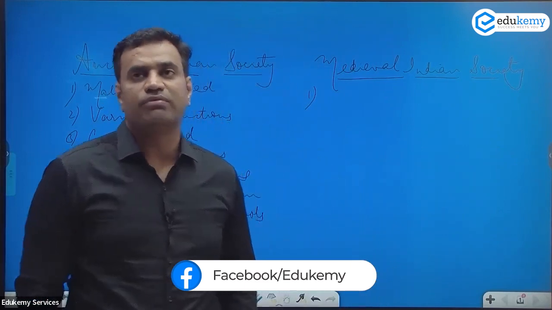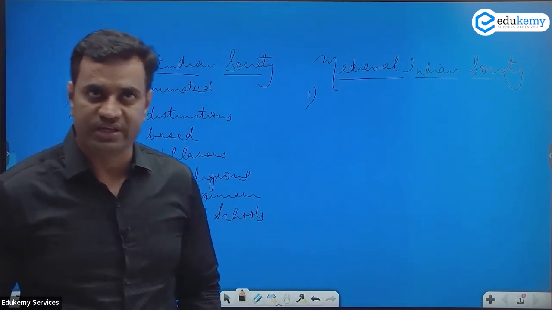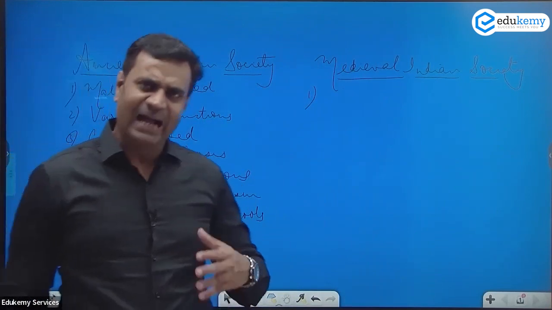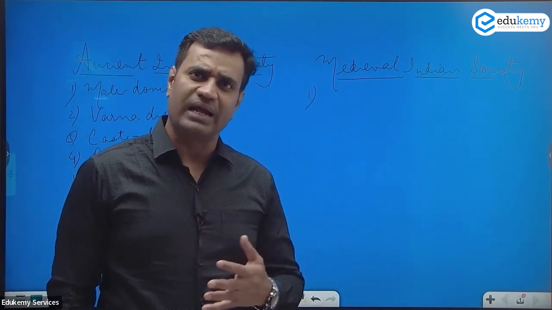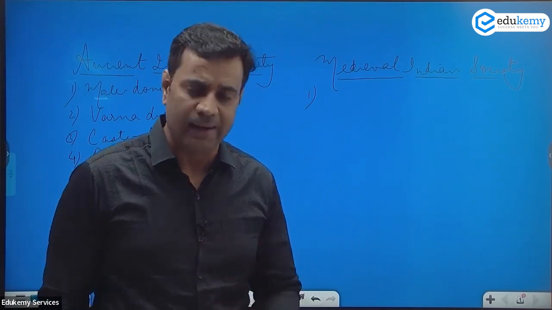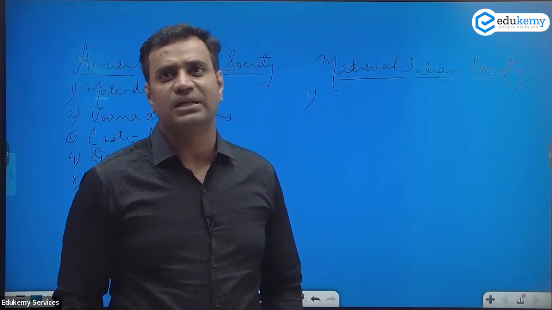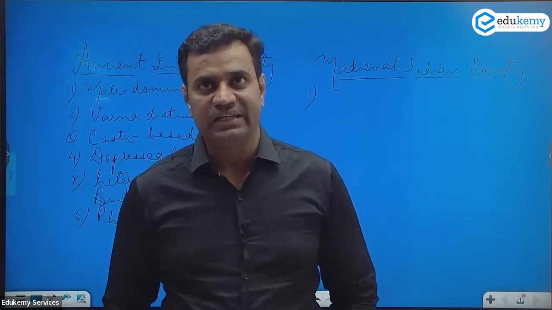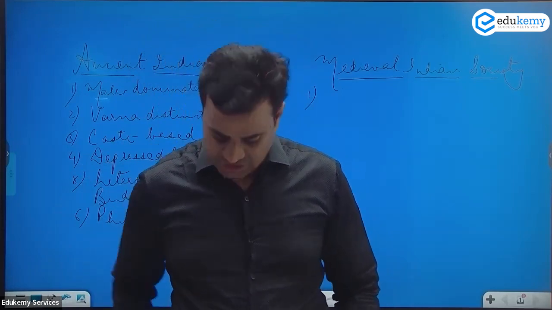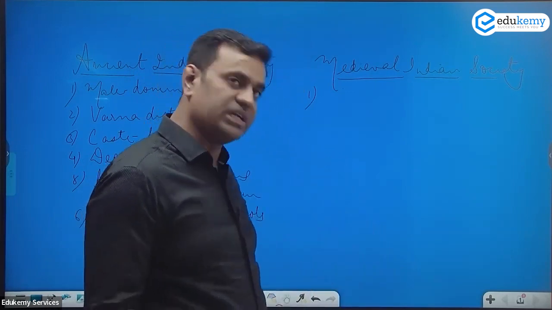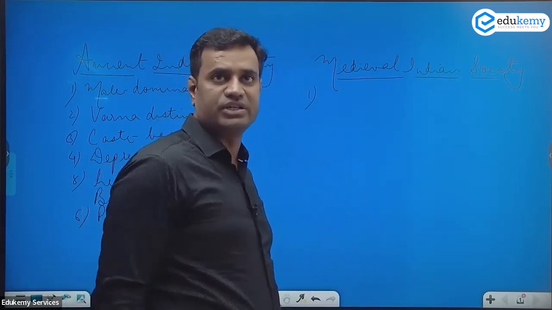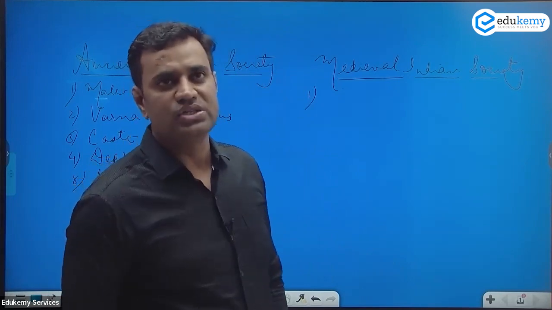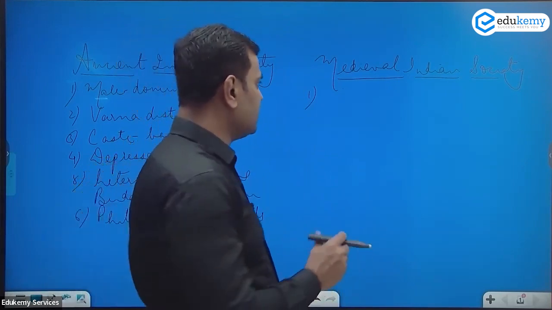When they came, they added their own culture and their own social system to India, and that ultimately resulted in a composite culture, also known as Indo-Islamic culture. Clear? So the first and most distinctive salient feature of Indian society even now is known as the composite culture of India.